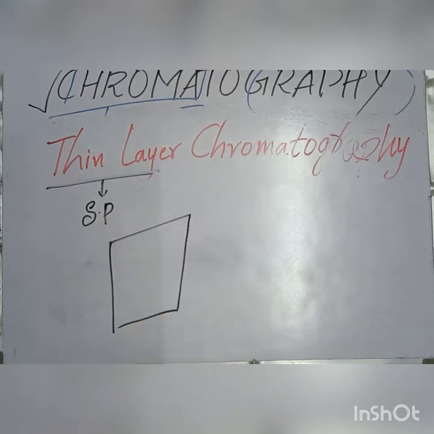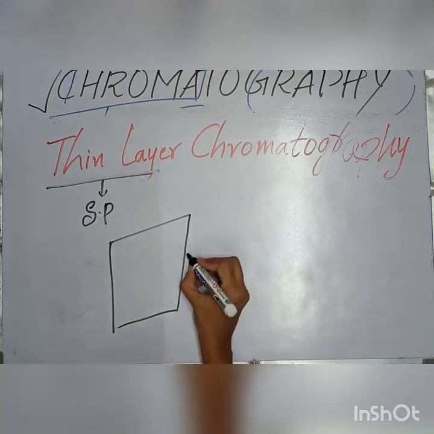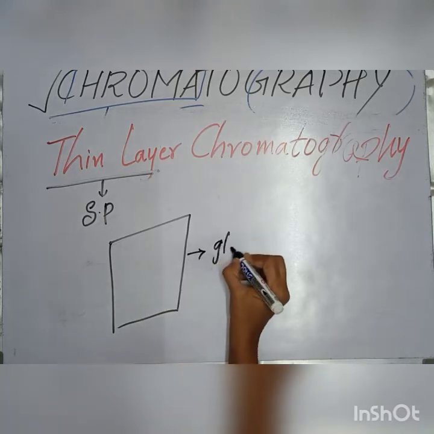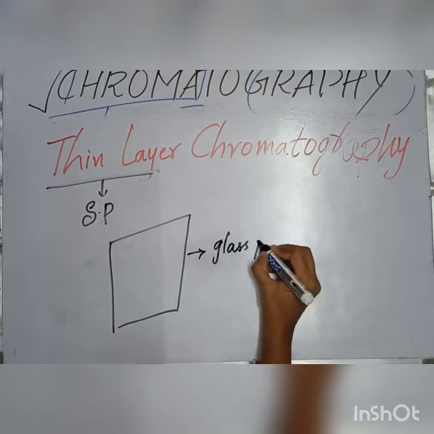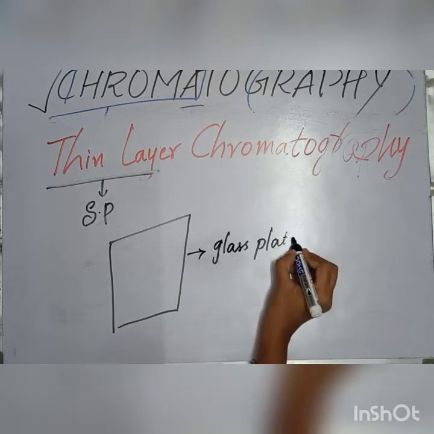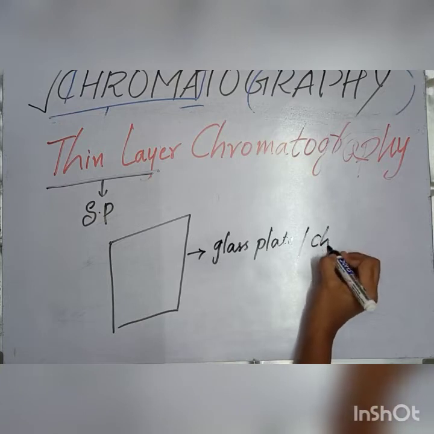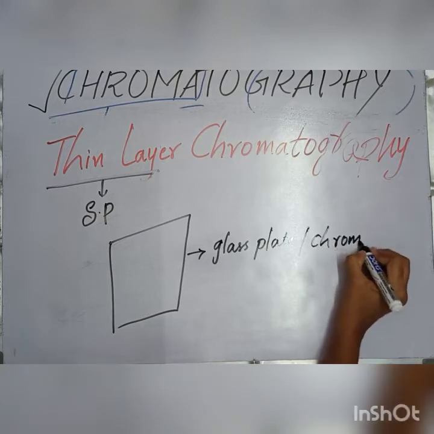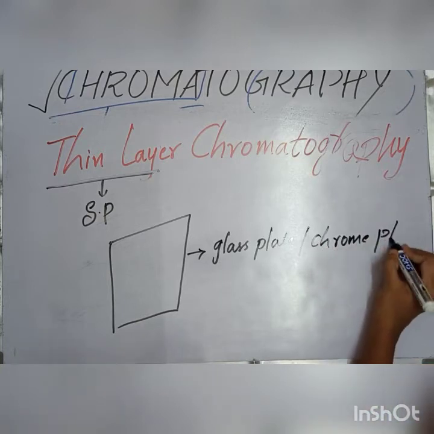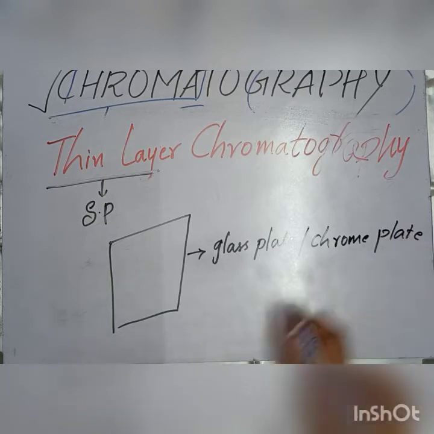In column chromatography we took a glass column; here we are taking one glass plate, which is also known as a chrome plate. This is another name of the solid support which we use in thin layer chromatography.